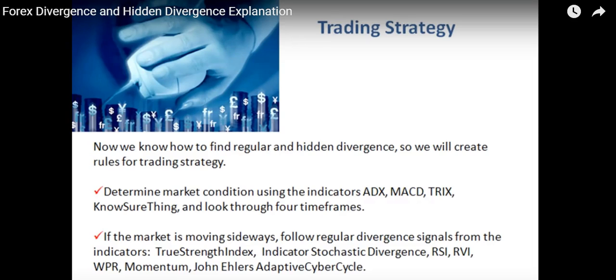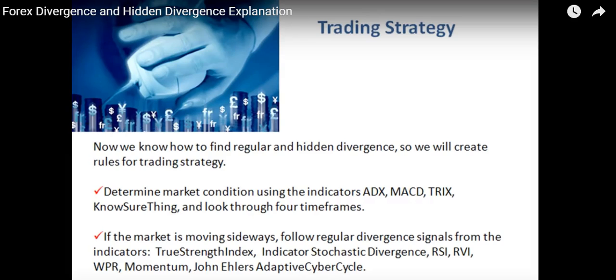Now we know how to find regular and hidden divergence, so we will create rules for a trading strategy. First, determine market condition using the indicators ADX, MACD, TRIX, No Sure Thing, and look through 4 time frames.